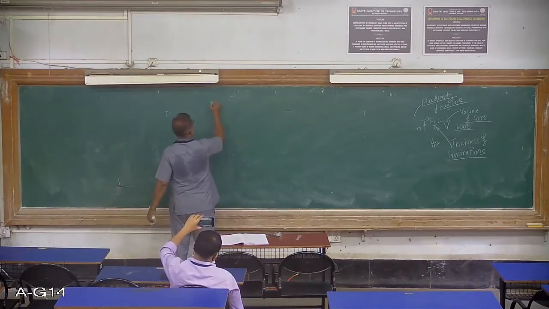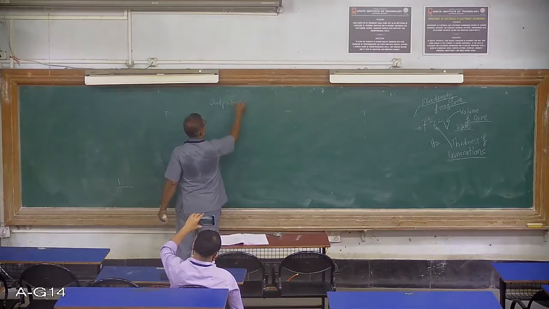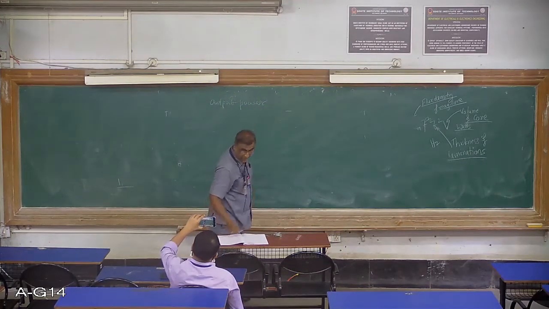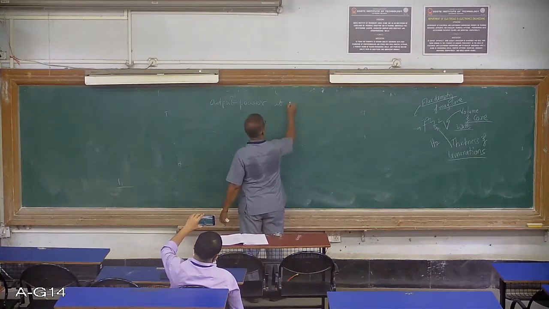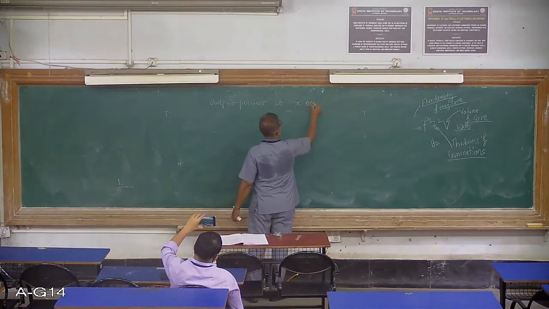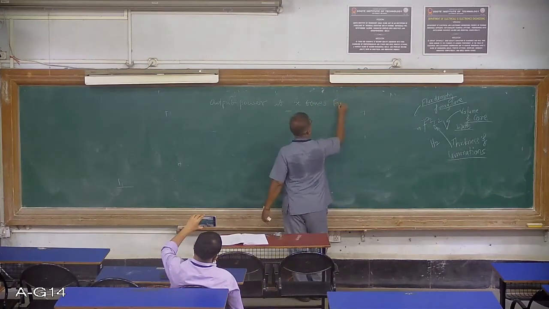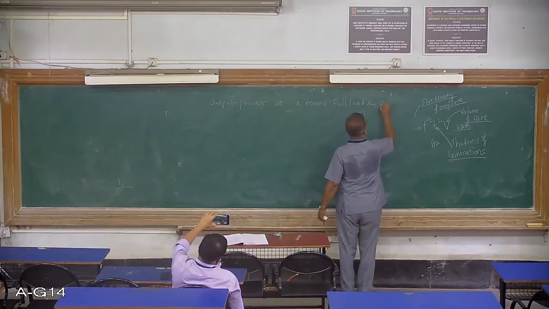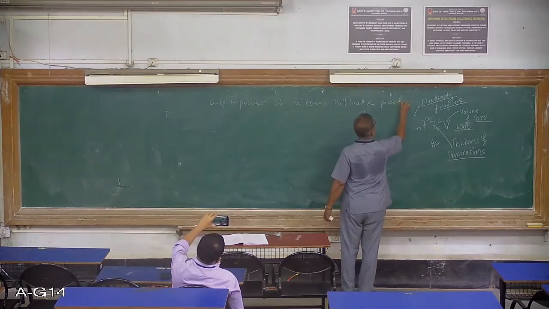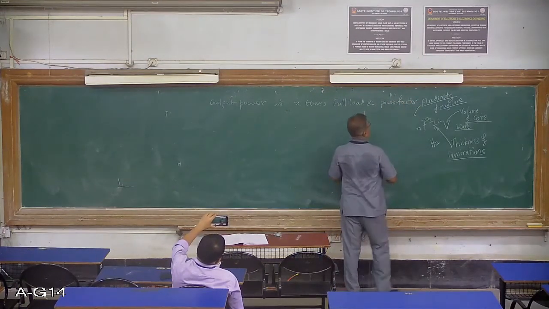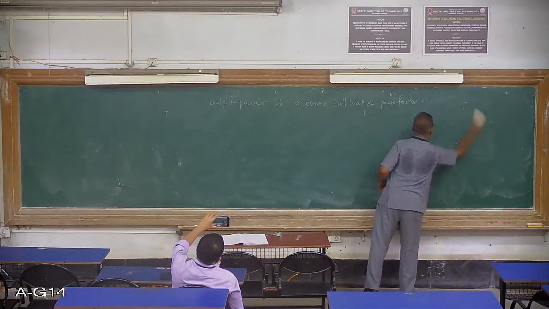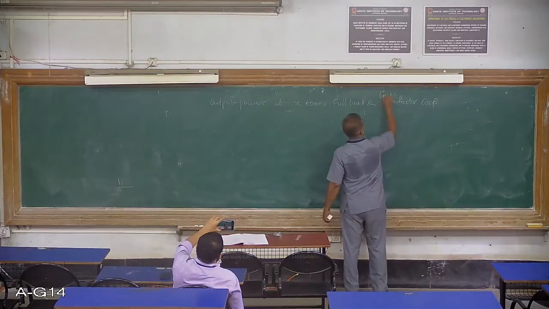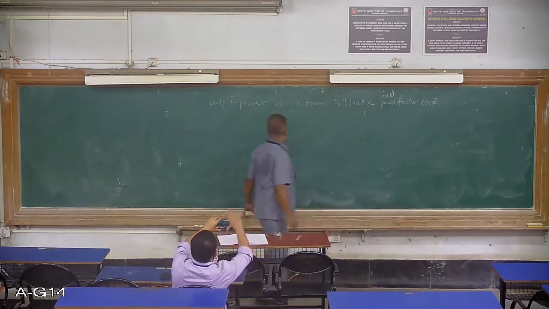Output power at X times full load and power factor cos phi. This is usually called the load power factor, cos phi.